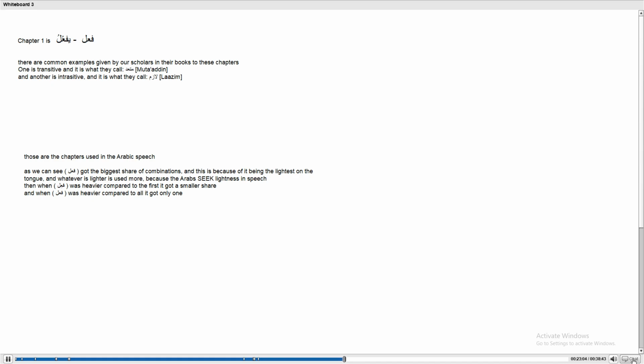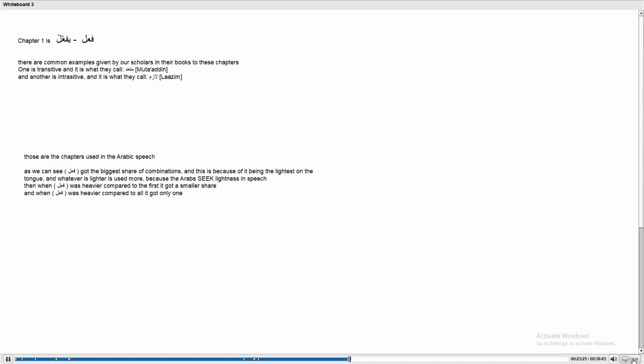واضح? But hitting is transitive. Looking is transitive. Visiting is transitive. Bringing up is transitive. واضح? Etc. Okay, so they give a common example to the muta'addin and a common example to the lazim.